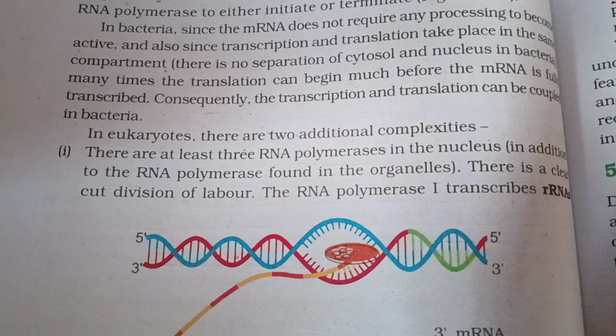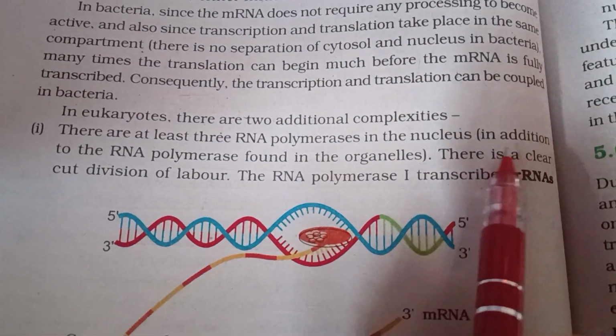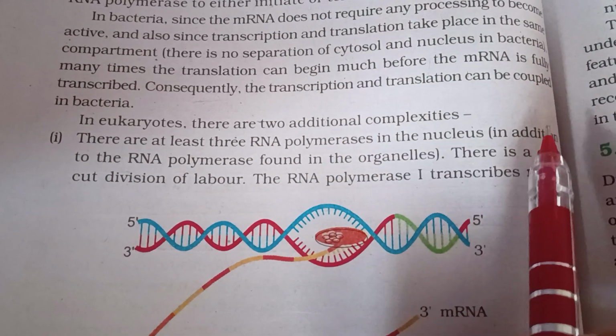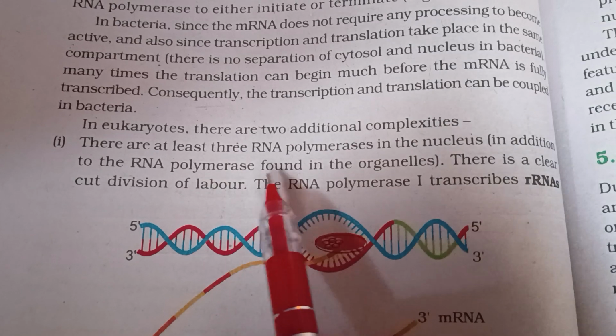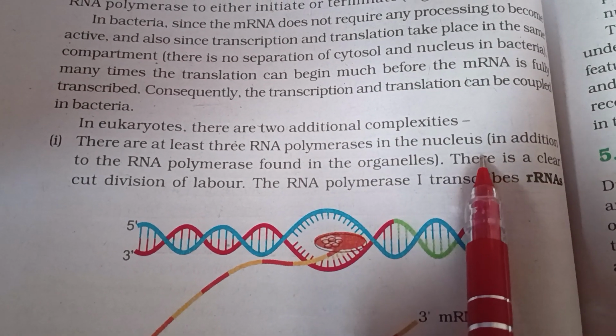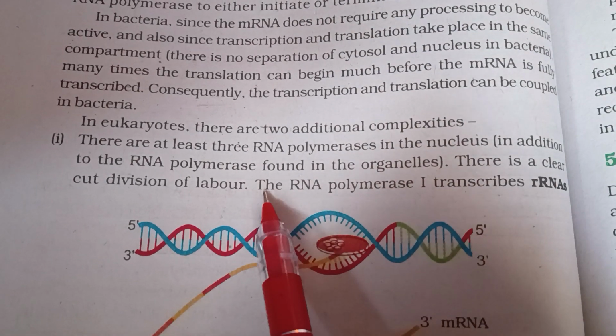Now talking about eukaryotes, there are two additional complexities. There are at least three RNA polymerases in the nucleus in addition to the RNA polymerase found in the organelles. There is a clear-cut division of labor.